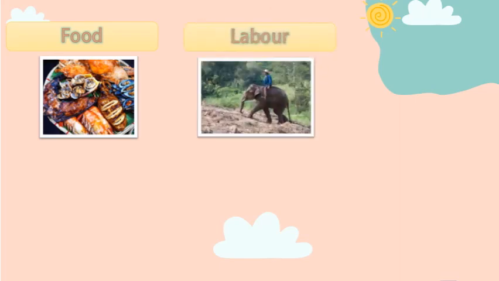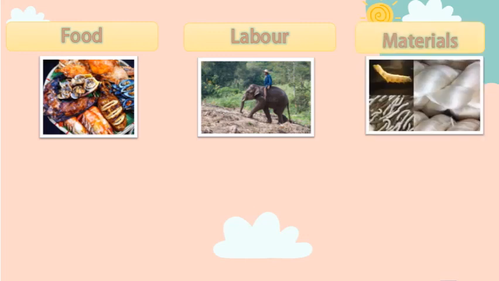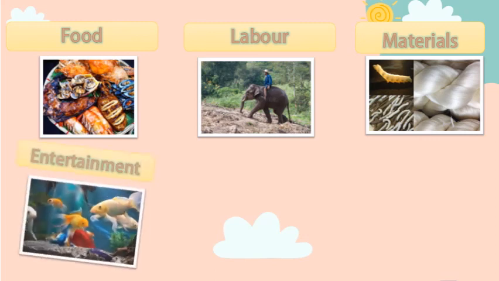These are the benefits of animals. We have food. Animals provide food. Animals provide labor, especially when working on a farm. Animals provide materials for making clothes, bags, and shoes. Entertainment.